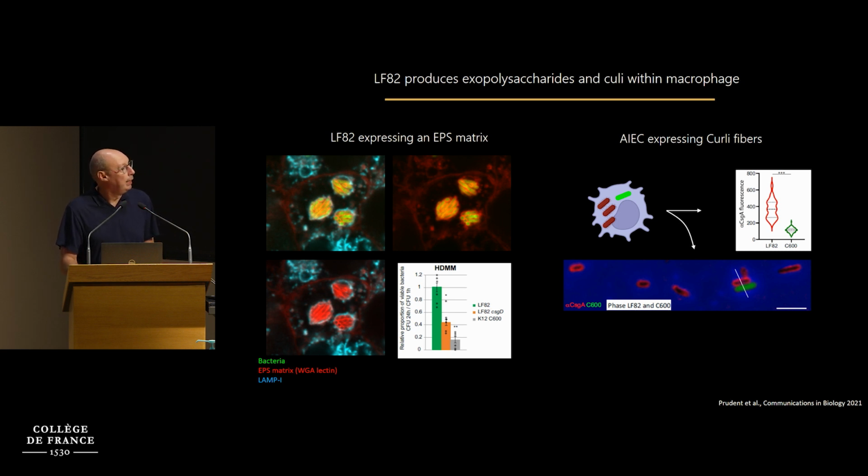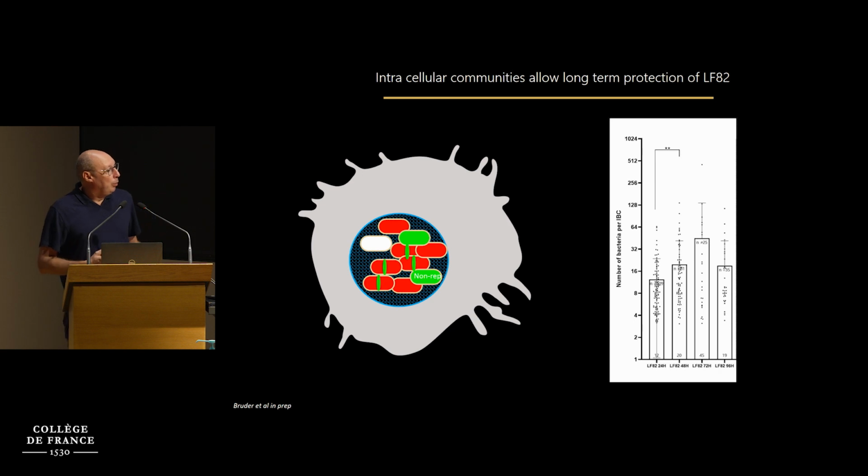macrophages from monocytes. So what we think is that these communities, called intracellular communities, are beneficial for long-term survival of the bacteria within macrophages, and eventually to get them protected from the environment, from other cells, from phages, from the flush in the gut, etc. And this is what Emma observed, that we can get IBC for more than 96 hours in these macrophages.